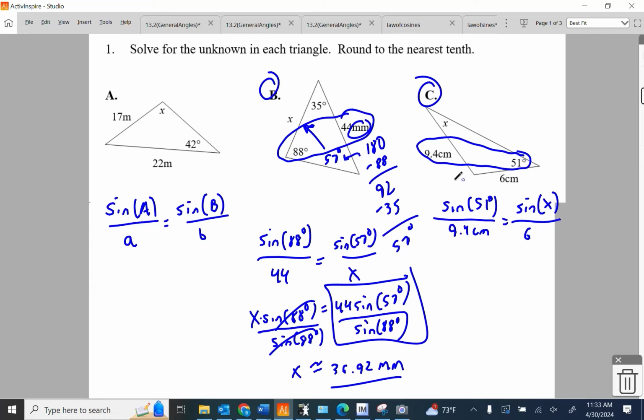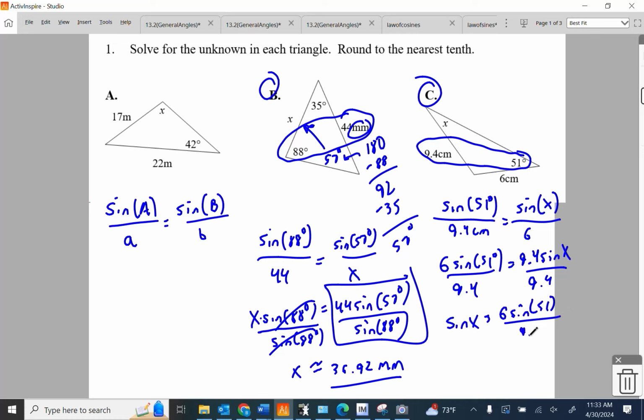And I do the whole cross multiplication thing. I link these two together. 6 sine 51 degrees is equal to 9.4 sine x. And then I divide both sides by 9.4. So that gives me that the sine of x is equal to 6 sine 51 sitting over 9.4.